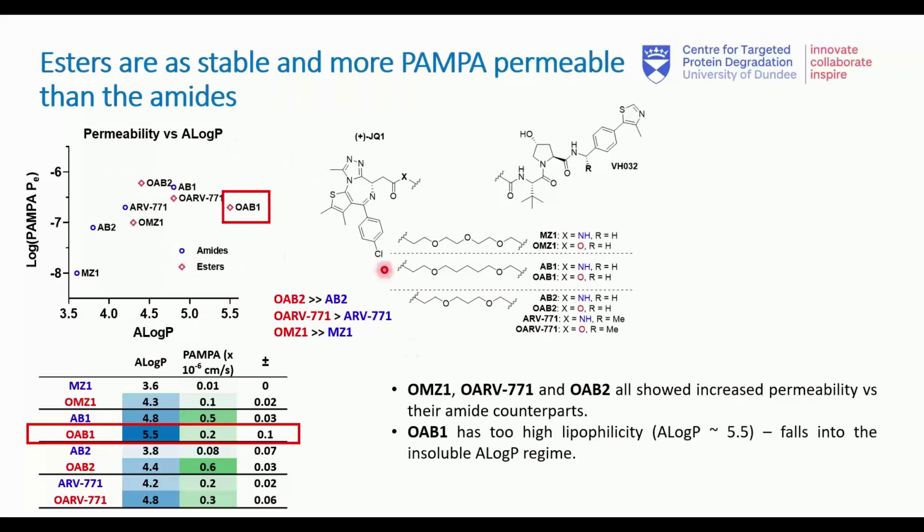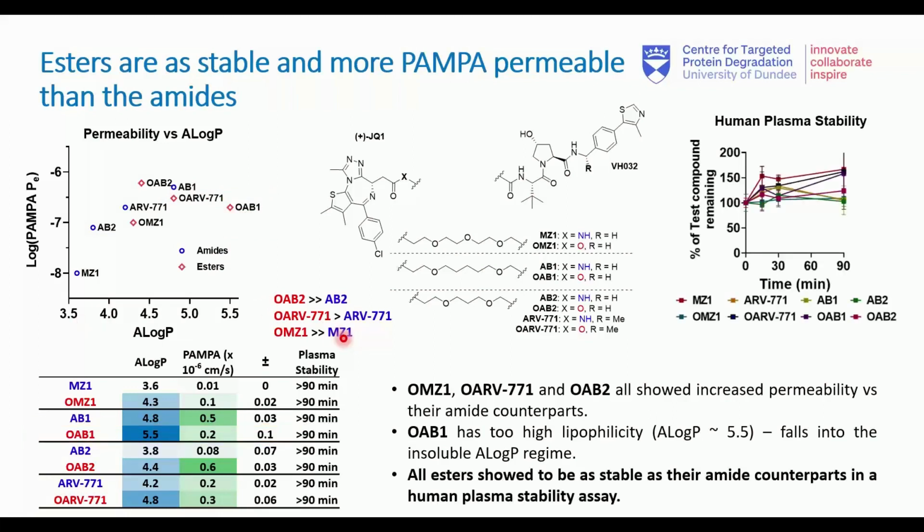Also, this anomaly, OAB1, is due to its too high lipophilicity, and this usually falls in the insoluble A log P regime of this assay, which is why you start to see this drop in permeability, and you start to get a negative relationship.